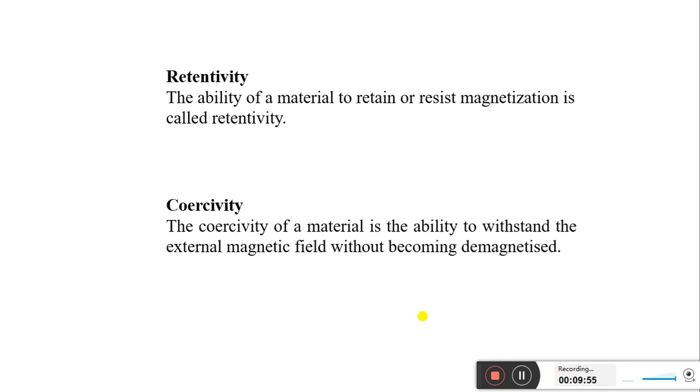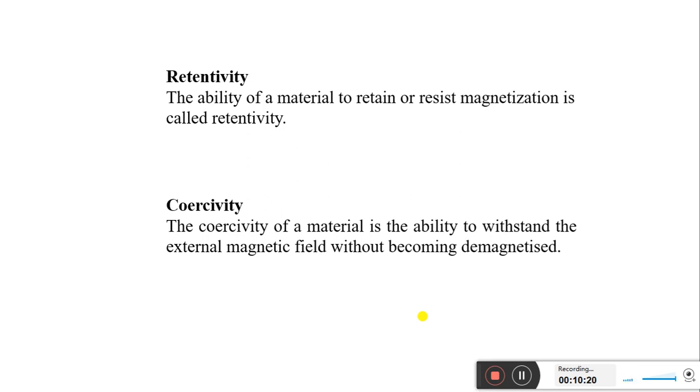And if we apply a magnetizing force in the negative direction until the magnetizing effect becomes zero, or the magnetic flux density becomes zero, then that force in the negative direction is called the coercive force, or the property is known as coercivity. So what is retentivity?